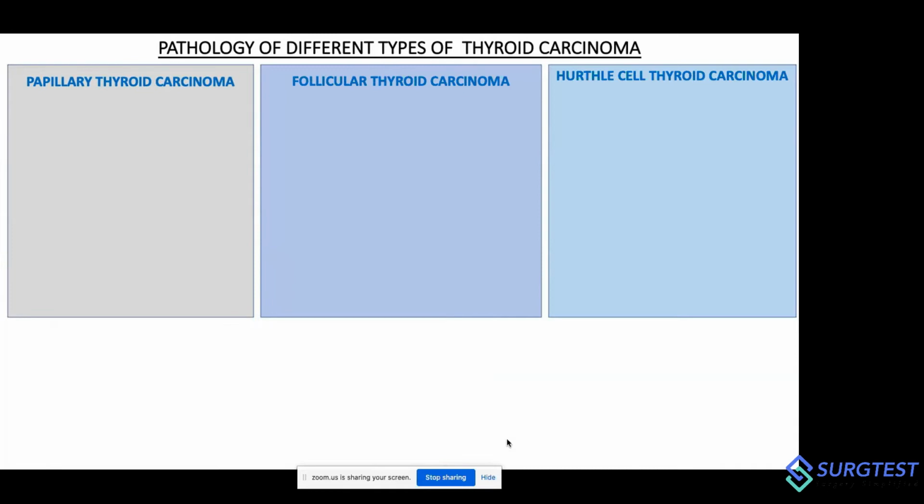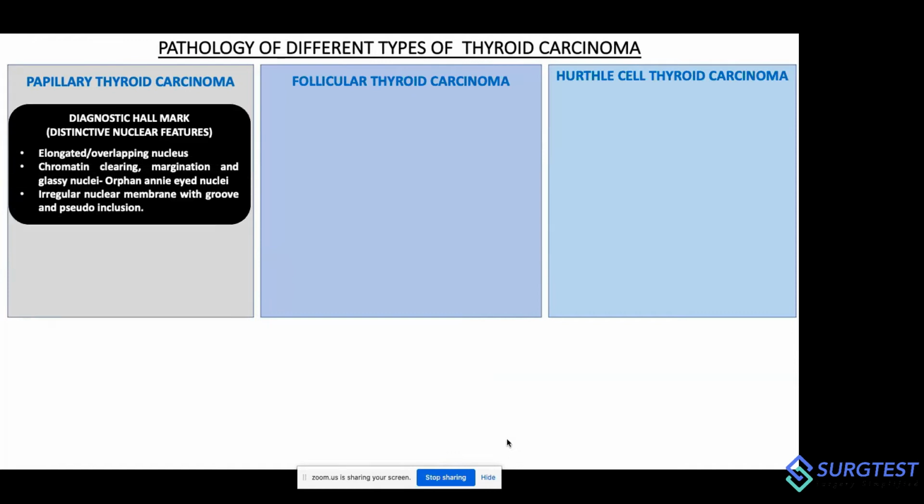If you remember, I have told you in the WHO classification itself that the distinctive nuclear features associated with papillary thyroid cancer are the most defining feature. First, you have to look for whether the nuclear features are present or not. If those nuclear features are present, it is a papillary thyroid cancer. So, what are those nuclear features?